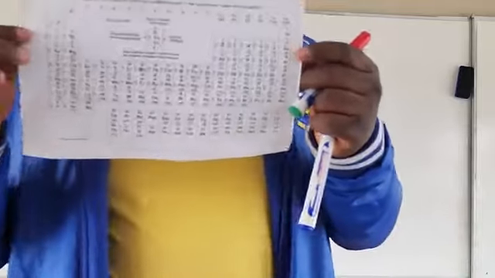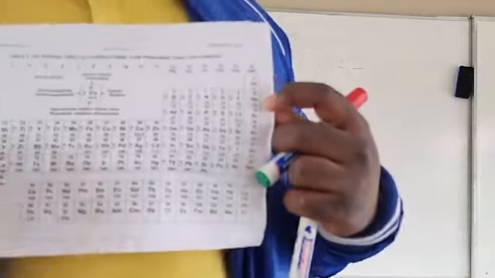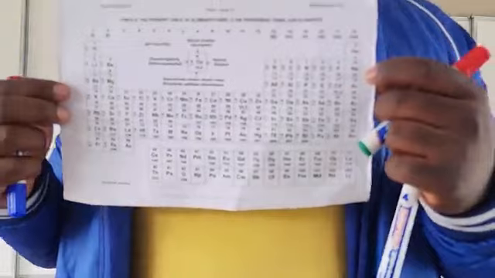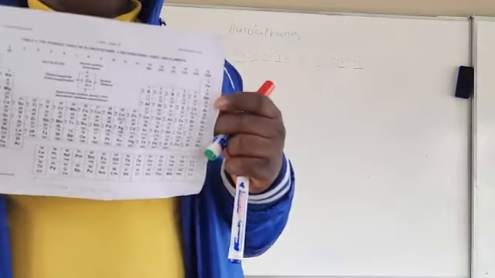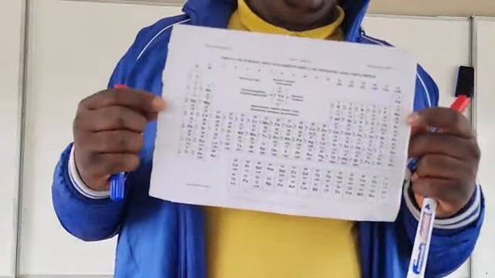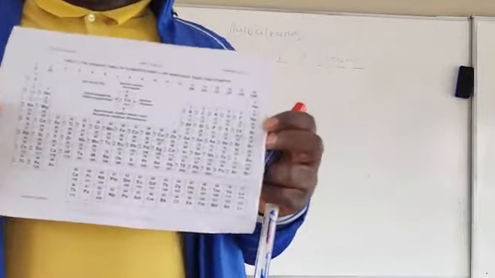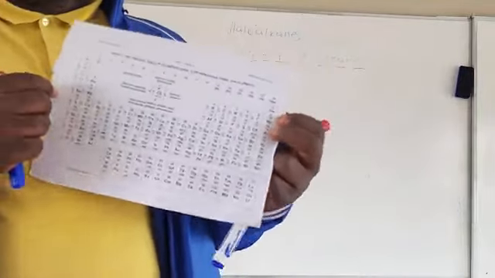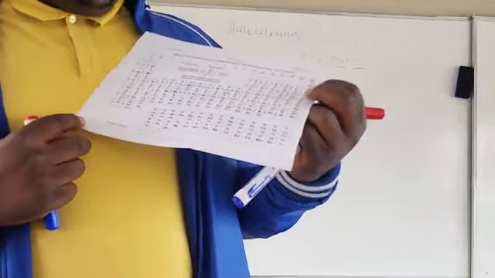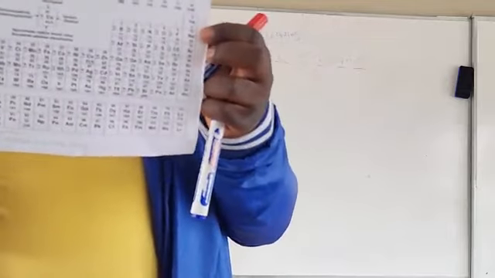The first halogen is fluorine. This is group number 7, where it is written 17 at the top. We call it group number 7; we just remove the 1. The first halogen is fluorine. The second one is chlorine.